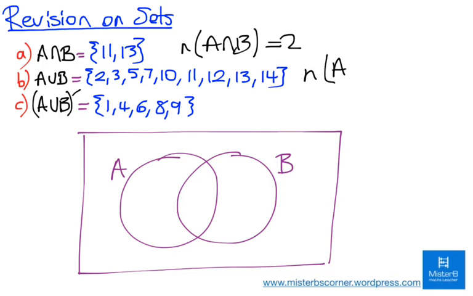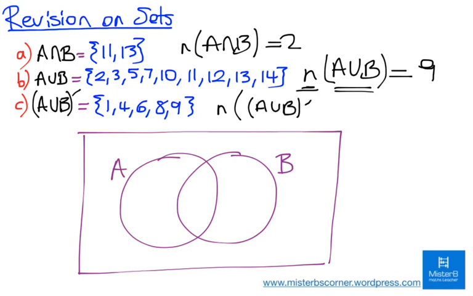A union B, so this reads as number of elements in A union B. It reads as like this: 1, 2, 3, 4, 5, 6, 9. So there are 9 elements, and the number of elements in A union B prime, well, that is 5, right? So this is what I was to put in. So I would write 2 here, and then A union B is 9.